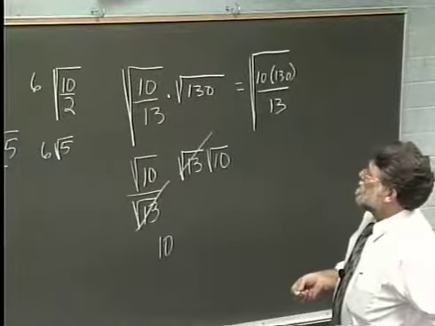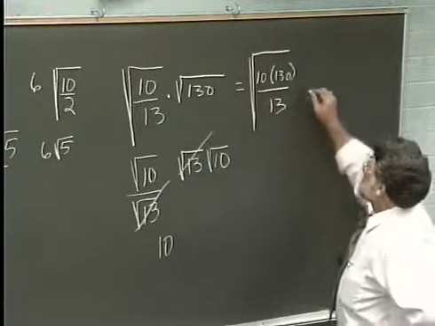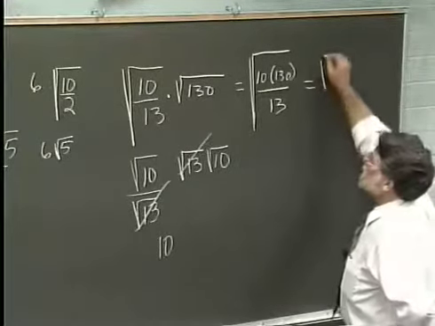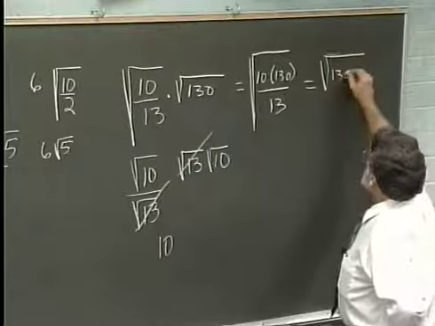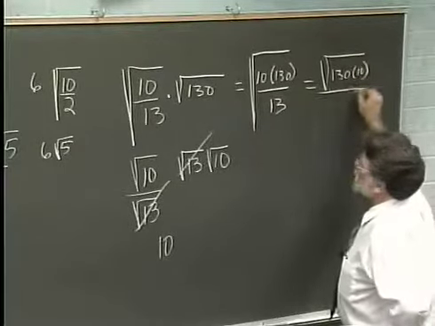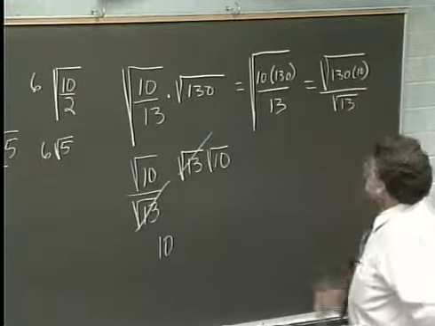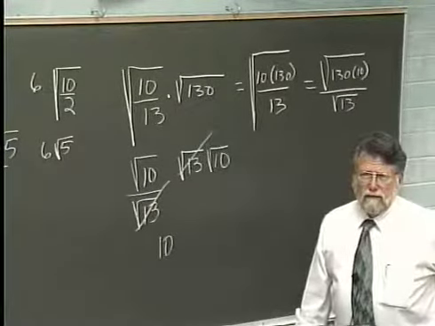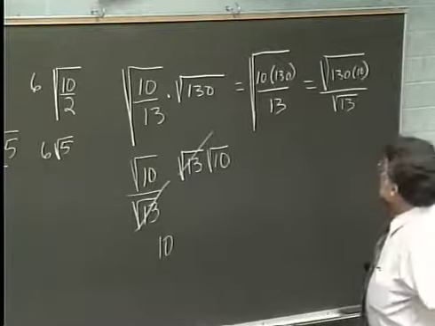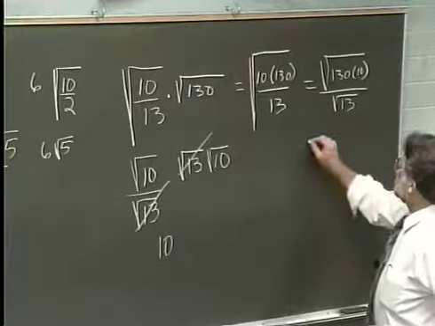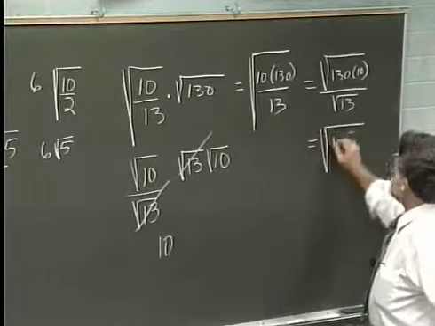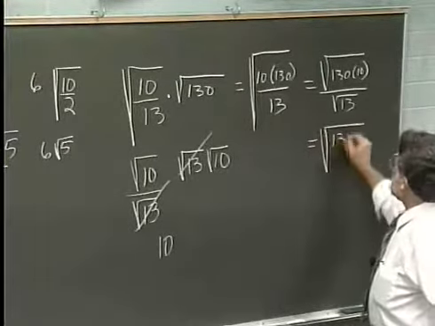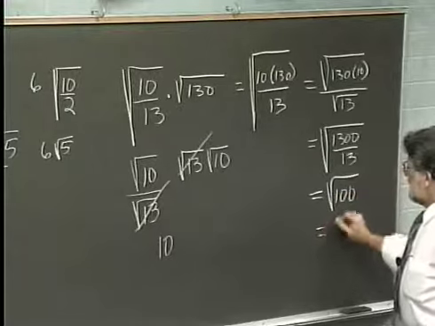Or I could have said the square root of 130 times 10 over the square root of 13. I don't know if that works as well. At that point I would say, well, I have 1300 over 13, but that is the square root of 100, which is 10.